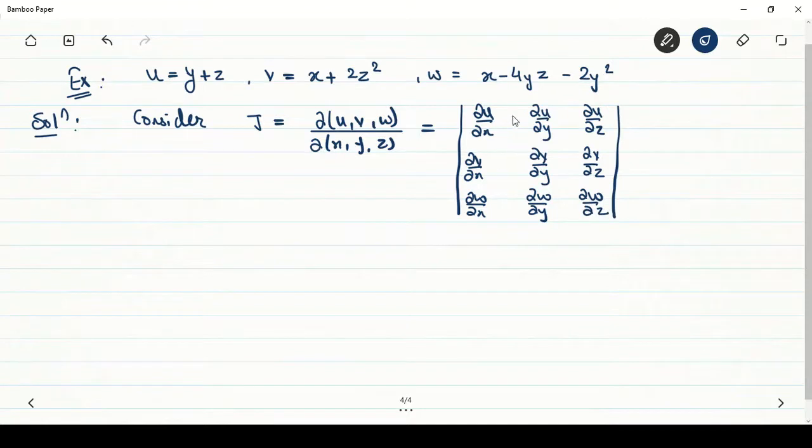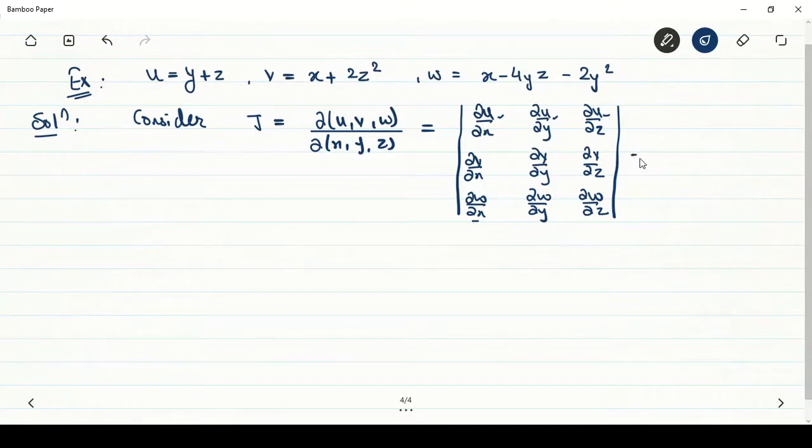So we'll find the partial derivatives of u, v and w with respect to x, y and z and substitute here.